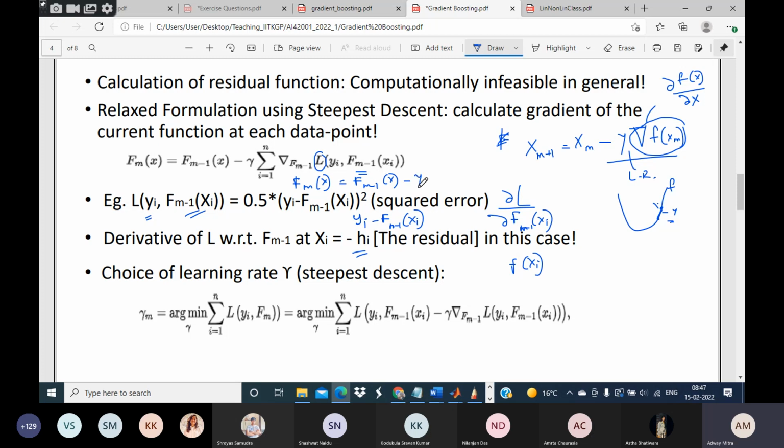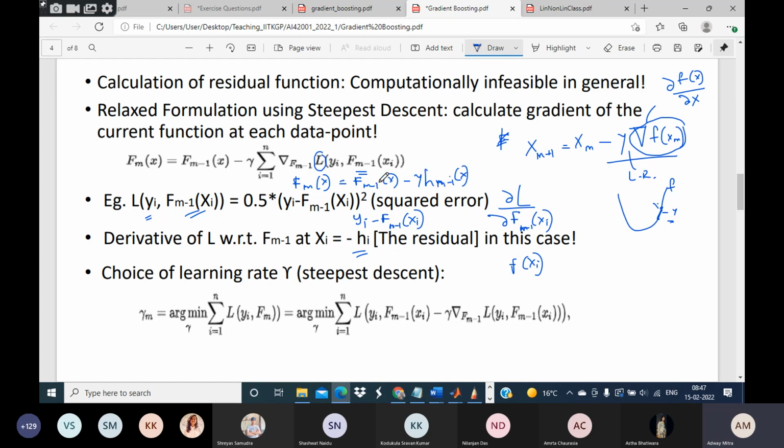It is minus gamma times the gradient which you have calculated, which is just h_i, or if you want to call it the current residual, you can call it that also. Since we are using h notation, let me write h only: h_{m-1}(x).